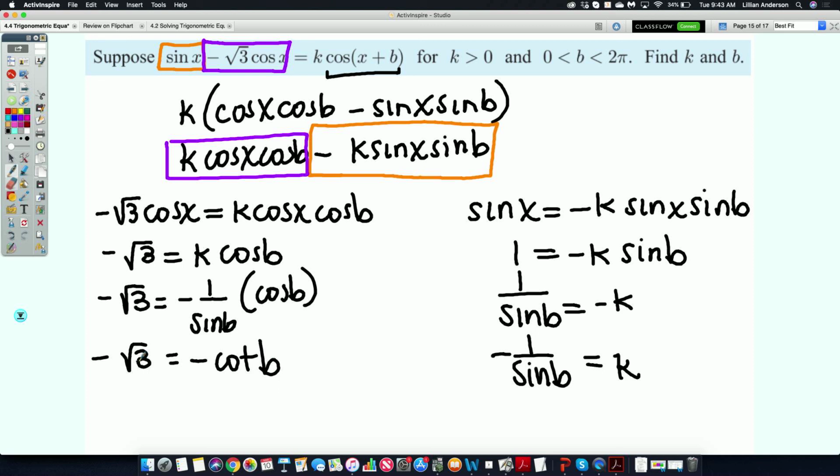Can I just say this is square root 3 equals cotangent b, since they both have a negative? Maybe make it a little easier on yourself. I mean, I don't know if it will. Turn that into tangent. What happens to that? 1 over root 3, which is, where's tangent root 3 over 3? I think you might know the tangents better.